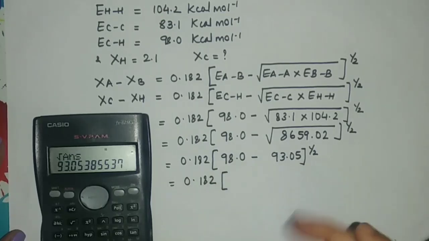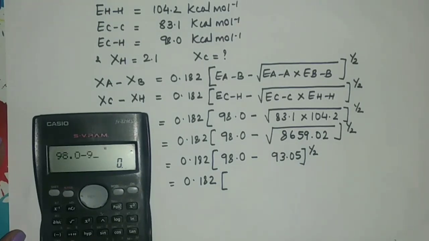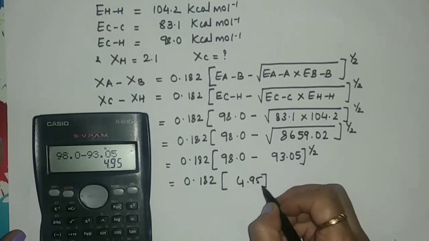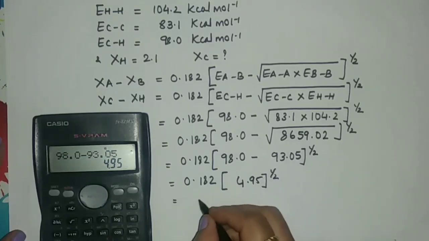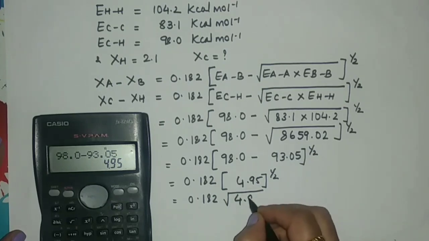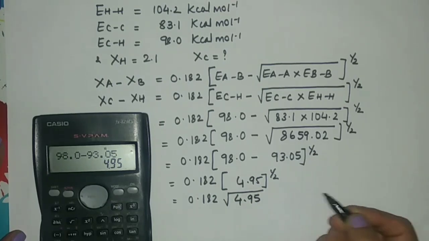So if you subtract this, what do you get? 98.0 minus 93.05, you get 4.95 raised to 1 by 2, which is written as 0.182 square root of 4.95.